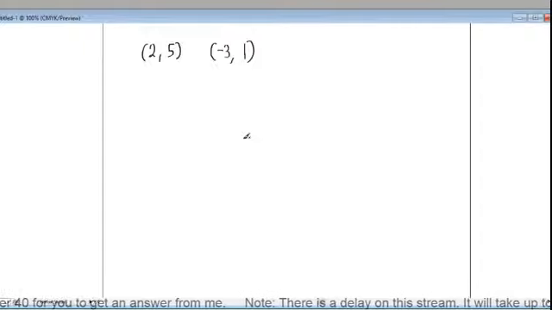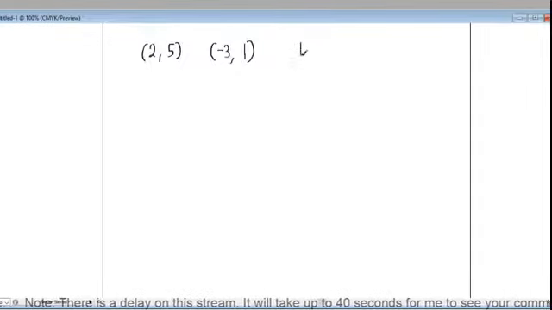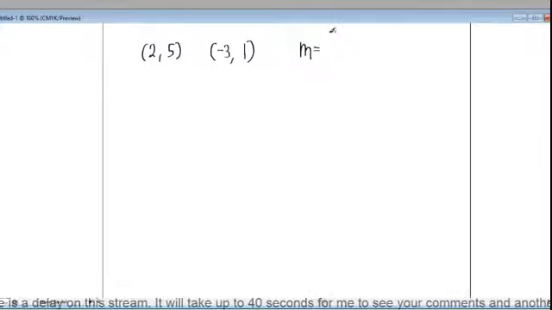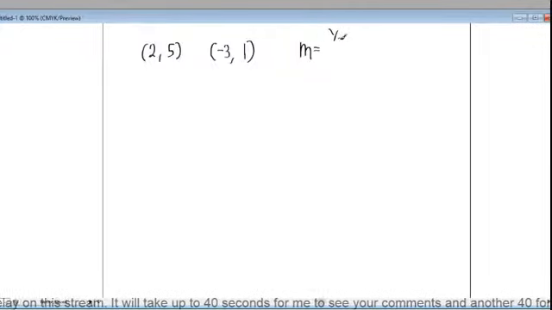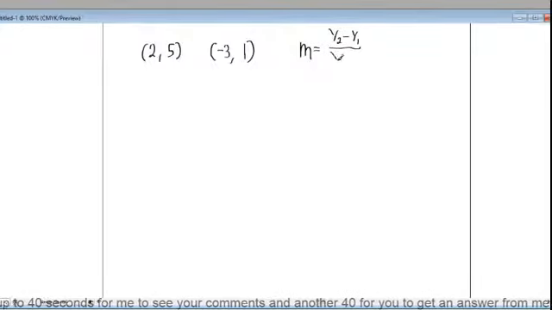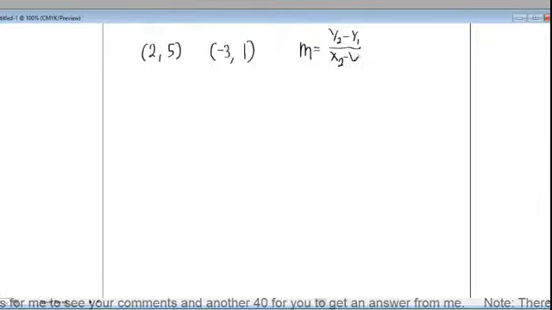Okay, so what we can do to find the slope here is use the slope formula. So the slope formula goes like this. Slope m equals y2 minus y1 divided by x2 minus x1.